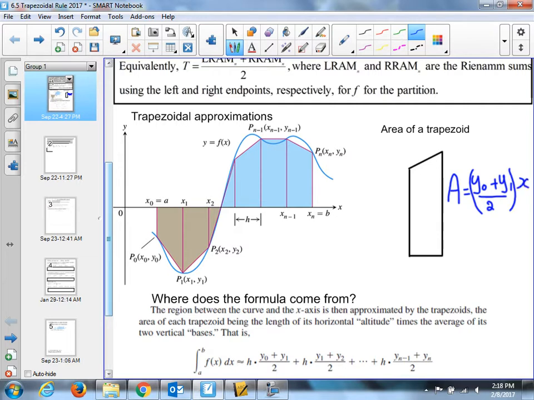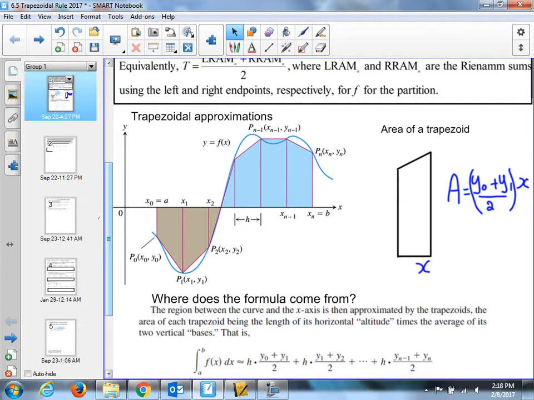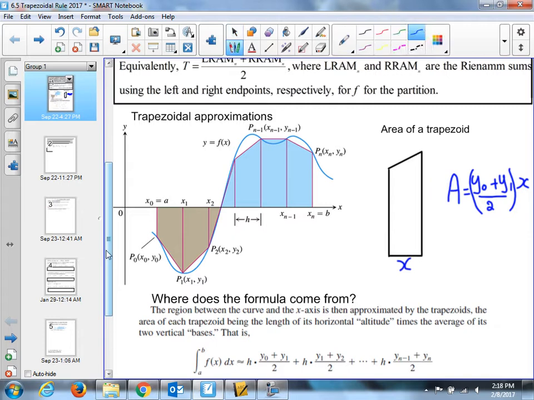X is like the base. And so I could say the base. This is like y0. This is the height, the high side.